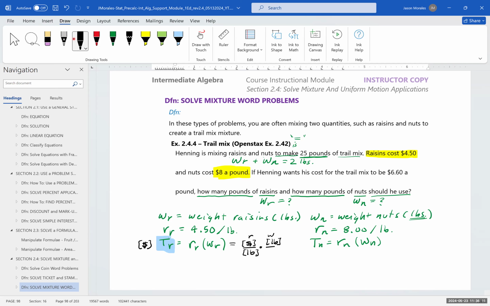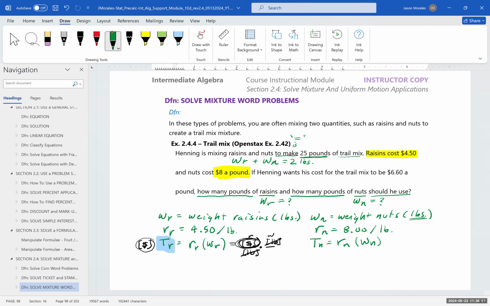Remember what we talked about earlier with cancellation of units: pounds in the denominator for the rate cancels with pounds in the numerator with weight, and we're left with just dollars. That's exactly the unit we want because that's the total cost. That's why it's rate times weight.